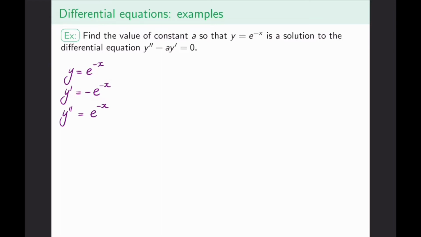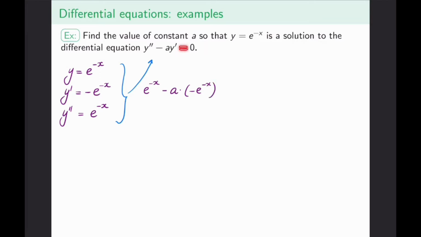So what I'm going to do now is take all this information and plug it in to the differential equation that's given. Y double prime, as given in my little table, is e to the minus x. So I'm going to have e to the minus x minus a times y prime, which is negative e to the negative x.